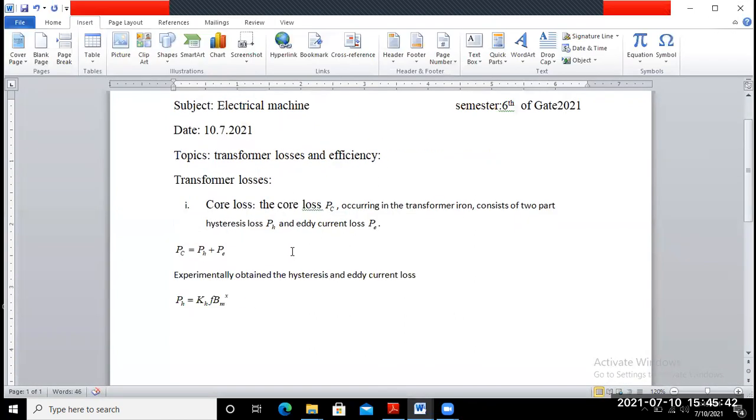And eddy current loss is equal to some proportionality constant Ke into frequency square into maximum flux density square. Okay.